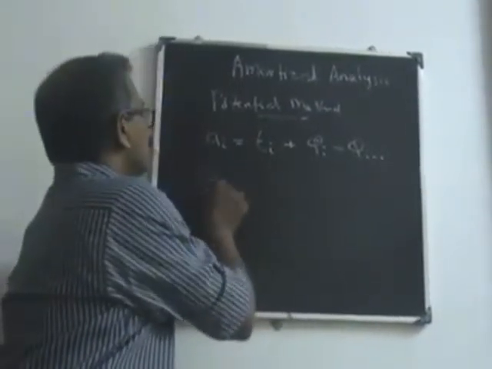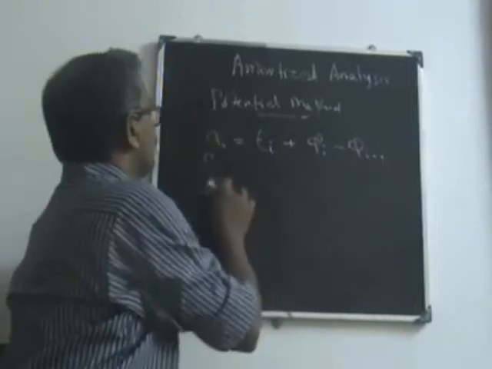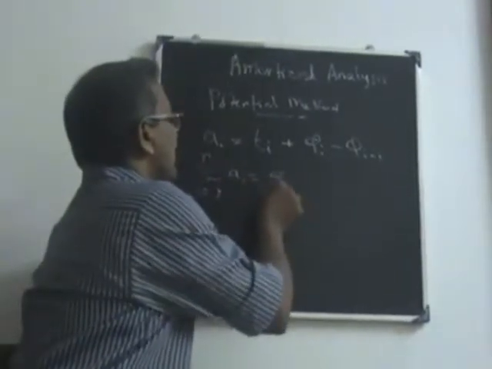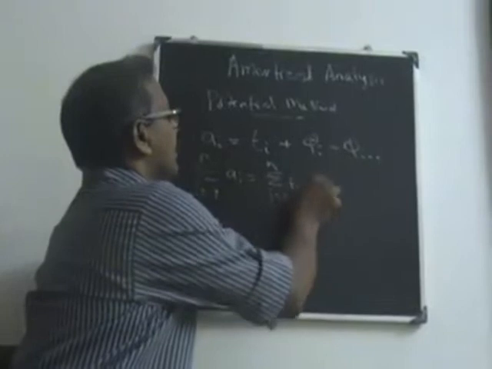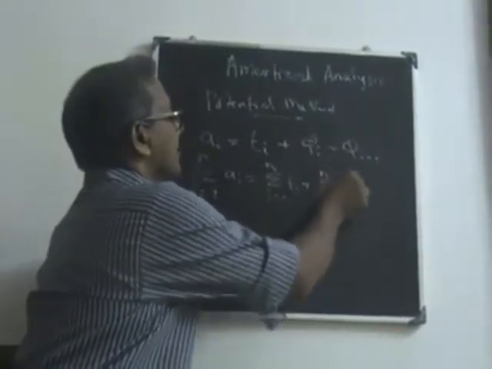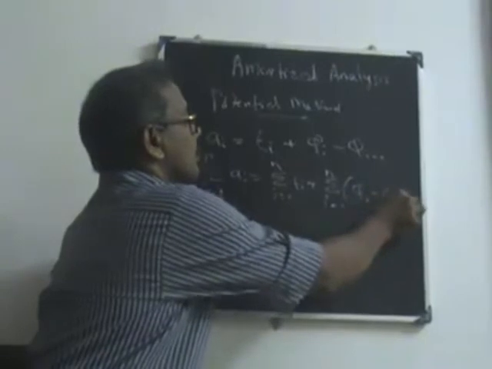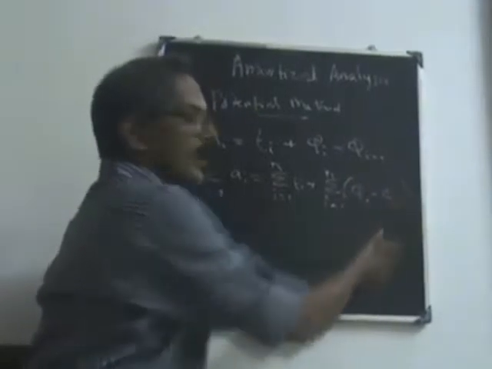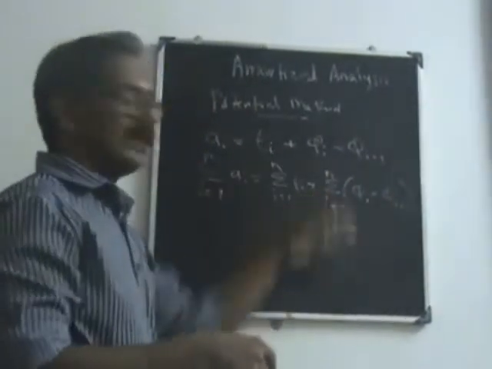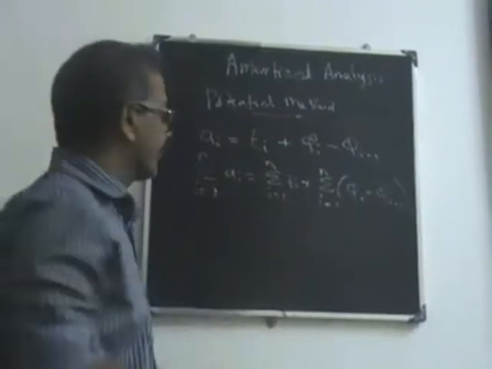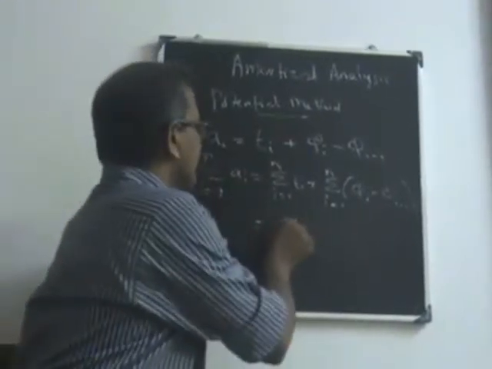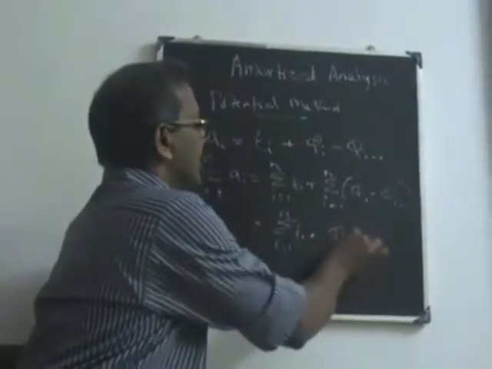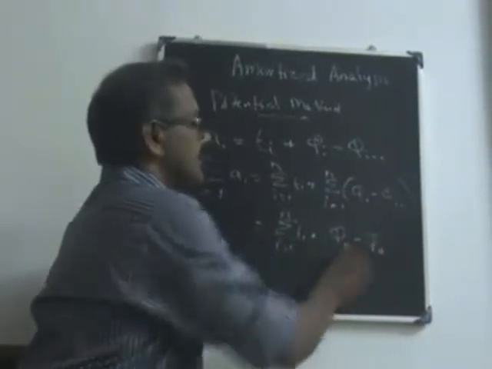Sigma i equal to 1 to n of a_i is equal to sigma i equal to 1 to n of t_i plus sigma i equal to 1 to n of phi_i minus phi_(i-1). Now if you consider n terms, some of the terms get cancelled, and the remaining will be sigma t_i, and here the remaining will be phi_n minus phi_0, and the rest of the things get cancelled.